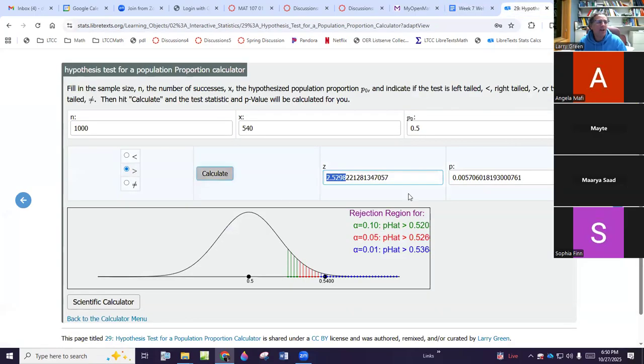Can I use this calculator? What do you think? Can I use the calculator I just used? Yes or no?